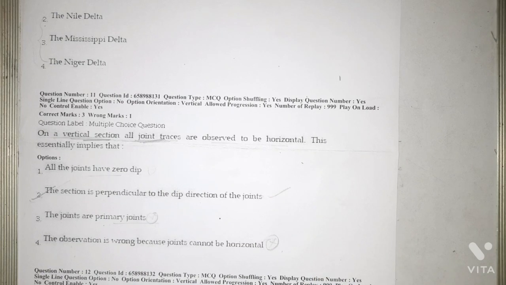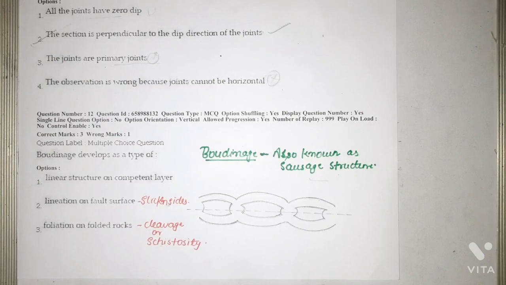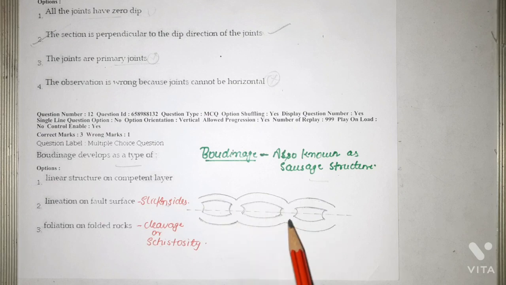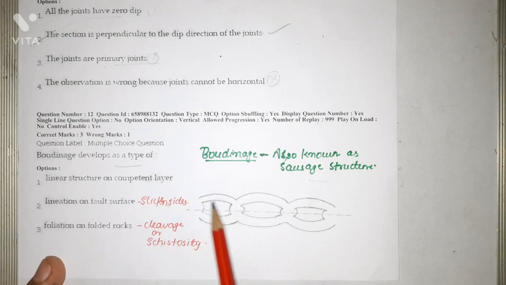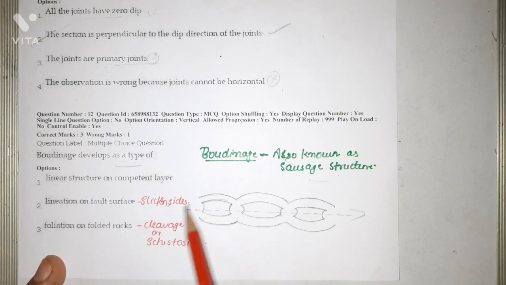Now let us consider the next question. Boudinage develops as a type of boudin structure, which is also known as sausage structure because of its sausage-like shape. These are extensional structures formed by layer parallel extension of a competent layer. This is a competent layer which is subjected to extensional pressure, and because of this extension it breaks down into blocks.